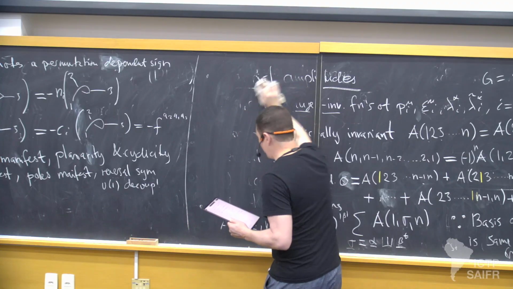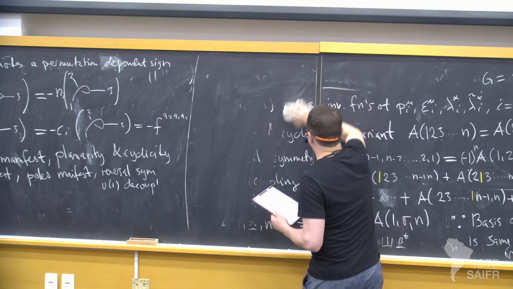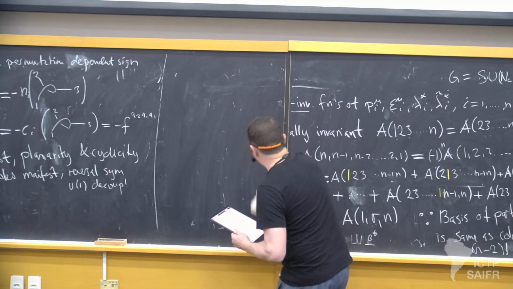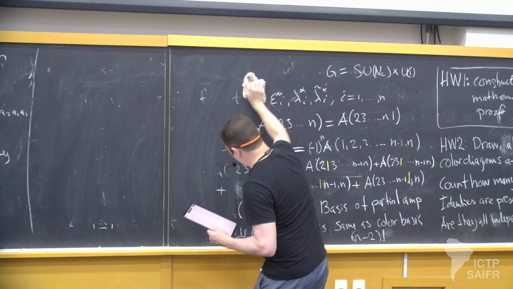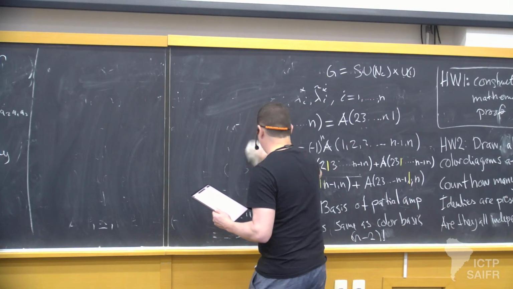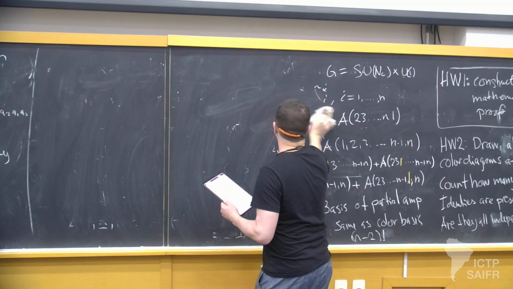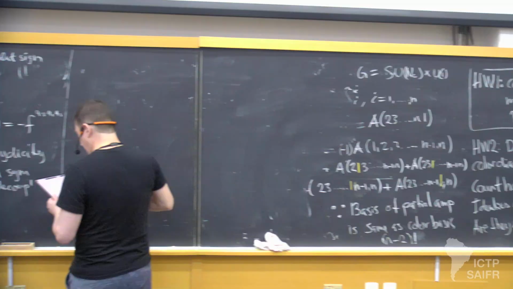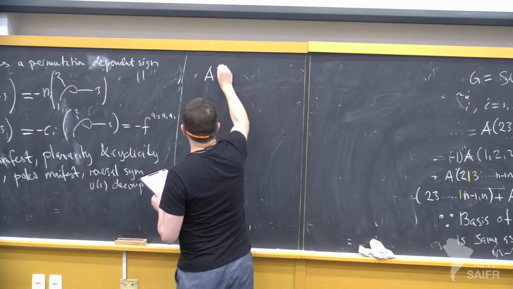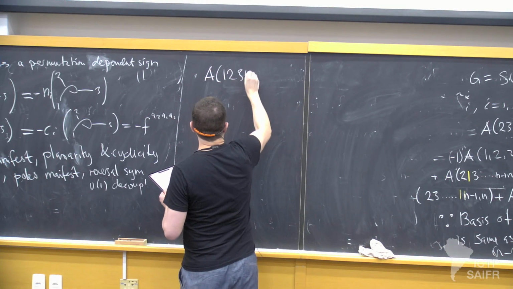So I'm just going to show the very simplest example. But you can show it more generally, case by case. I don't know if there's a proof of it, but so, for example, let's take the 4-point case. I have 4 particles.